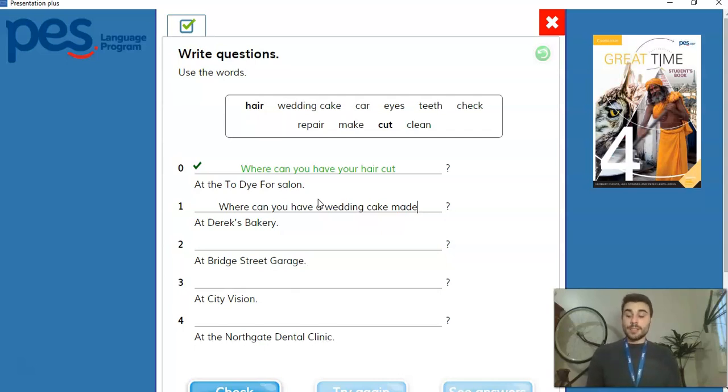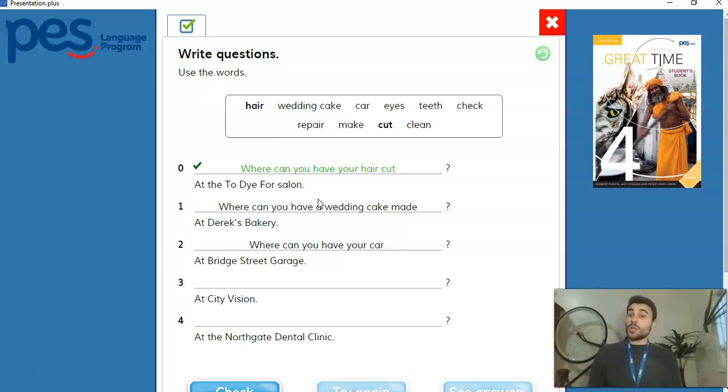Good. Let's see number 2. The answer is at Bridge Street Garage. So what can we find in the garage? Usually what do we relate to garages? Car, eyes, or teeth? Probably cars, yes? So where can you have your car or a car? What do we do with the car? We can think of check, repair, and clean, right?